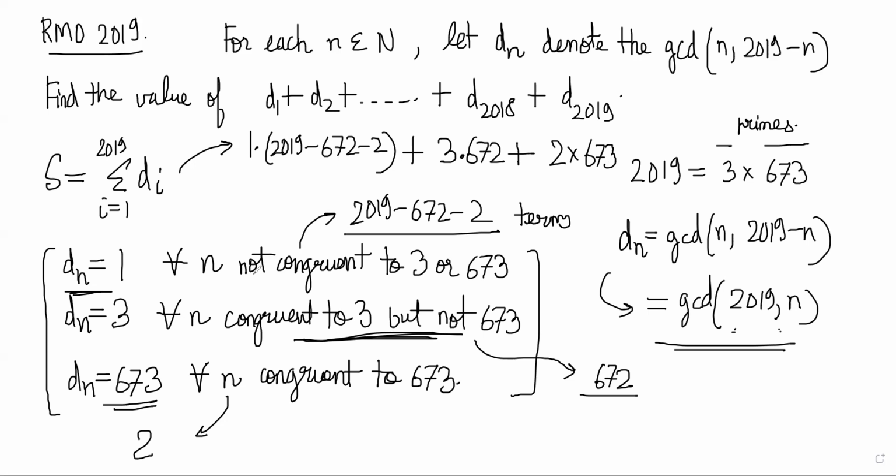This happens because the prime factorization of 2019 has only 2 prime factors, 3 and 673. So those are the multiples that we need to worry about, where the GCD of n and 2019 will be different. So finally, if you evaluate this expression, you get the answer 6725. You can check the calculations. That is how we get this answer here. So hopefully you understood. This was a pretty easy one.